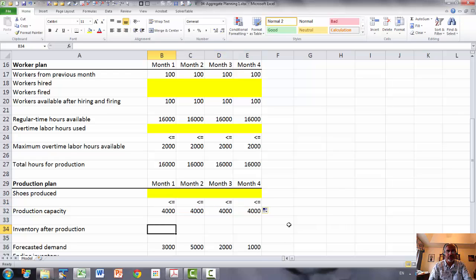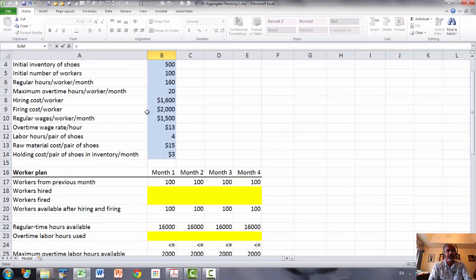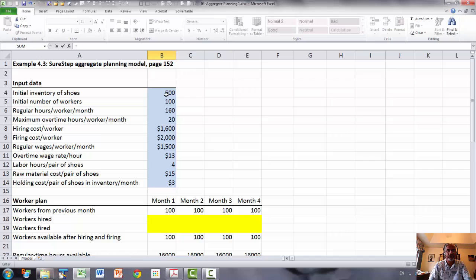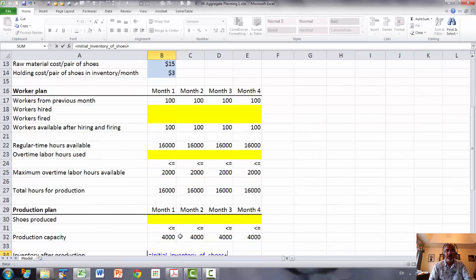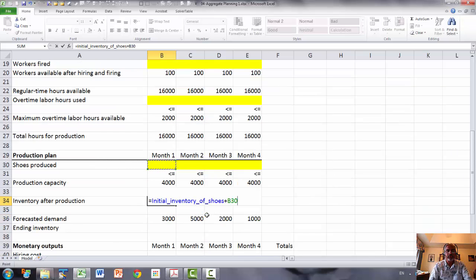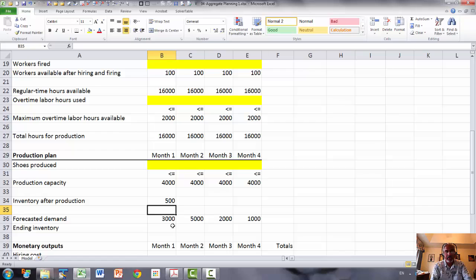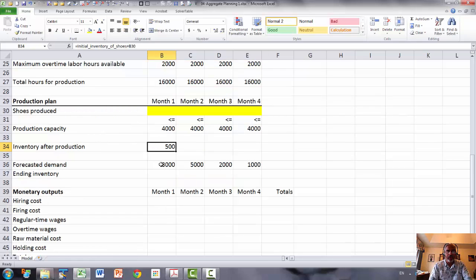Now inventory after production, for the very first month, will be the initial inventory of shoes plus how many units of shoes will be produced. That is the inventory after production, and this is the forecasted demand.